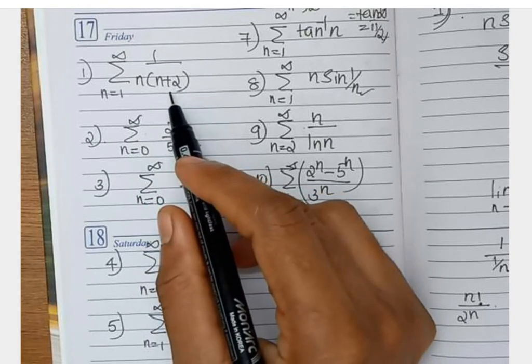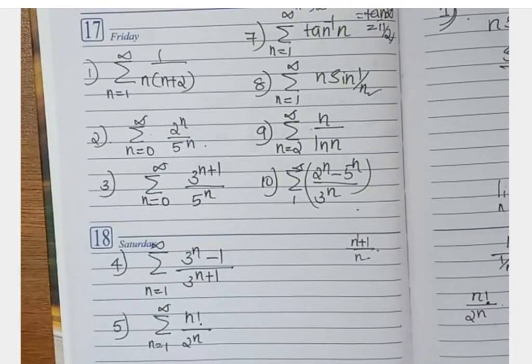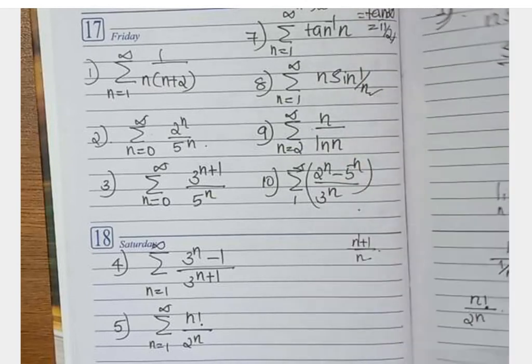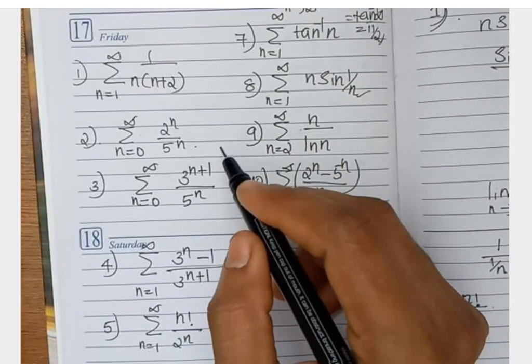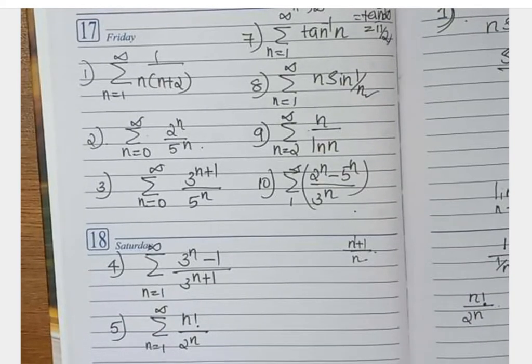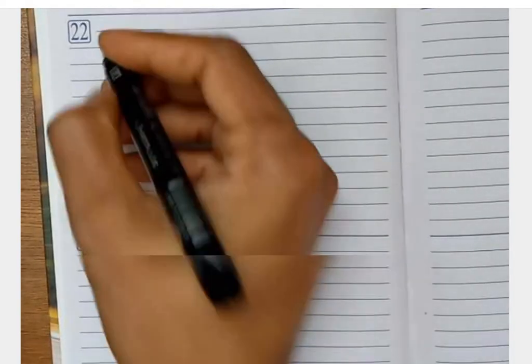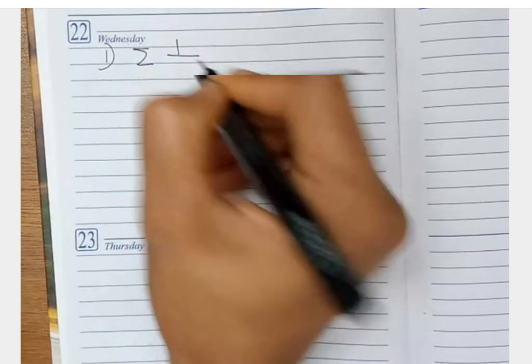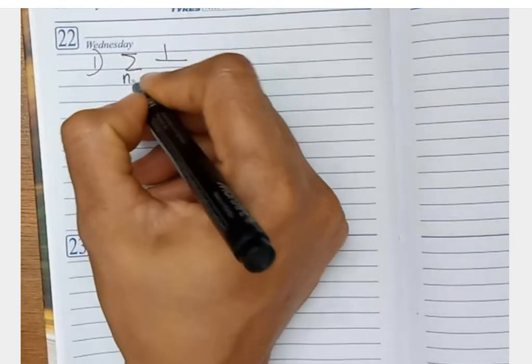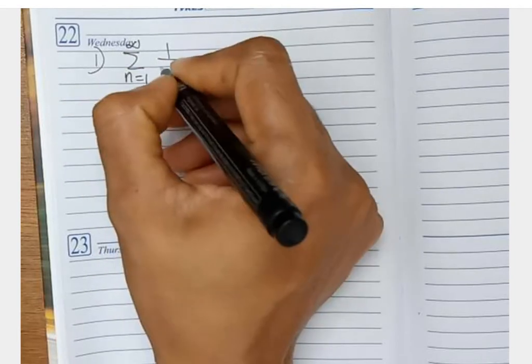We have to check whether this converges or not. If it converges, find its sum. That is the question. So consider the first question: summation n equal to 1 to infinity 1 by n into n plus 2.